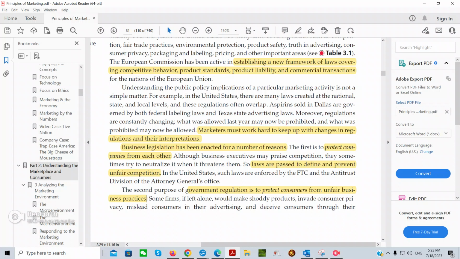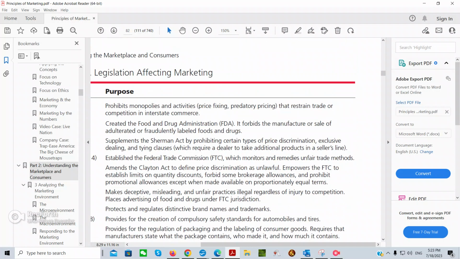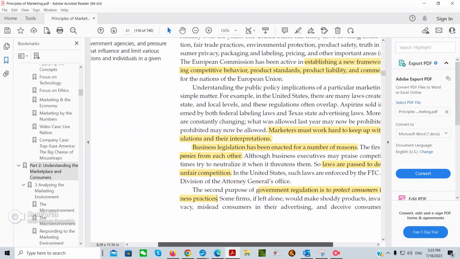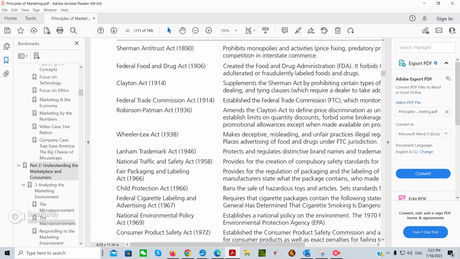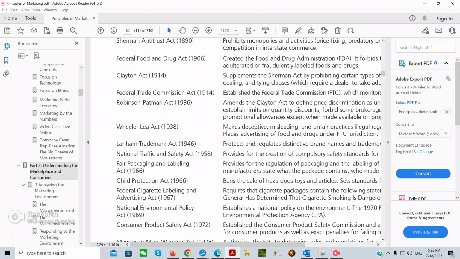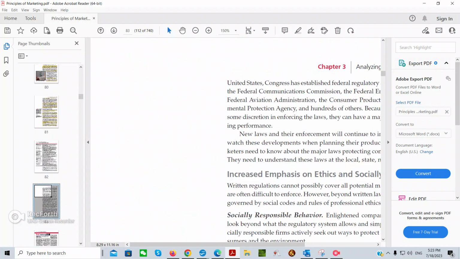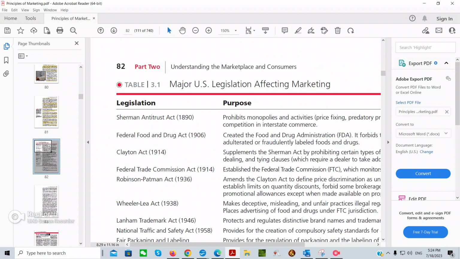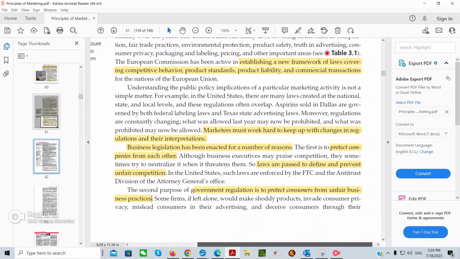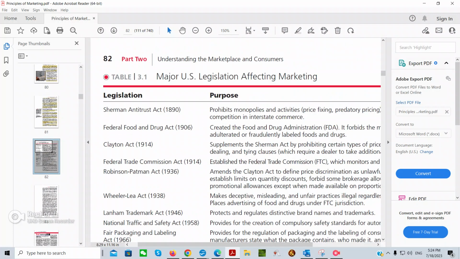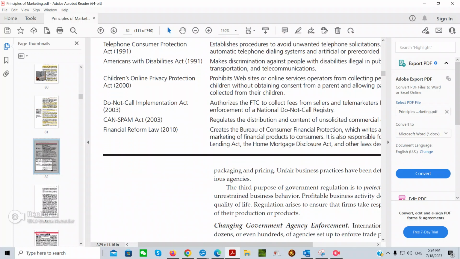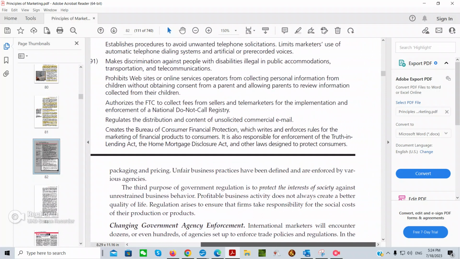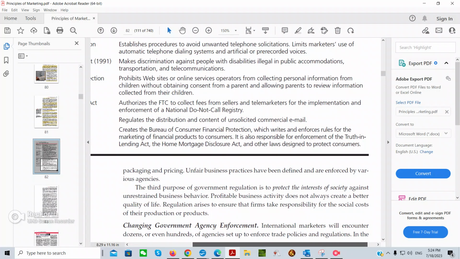Some firms, if left alone, would sell shoddy products, invade consumer privacy, mislead consumers in advertising, and deceive consumers through their packaging and pricing.